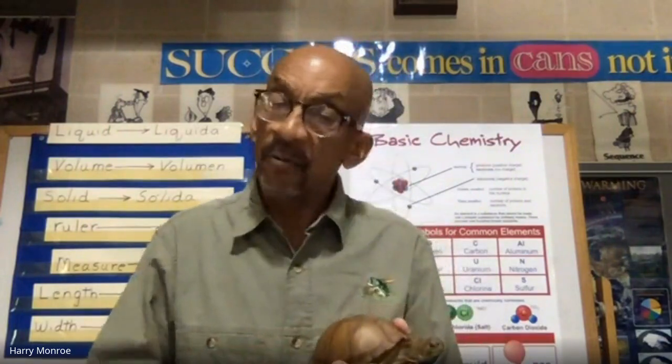On the other hand, solids have their own shape, like Teresa, like the toe bones of the Columbian mammoth, and the rock. I want to thank you for your time, and hopefully what I've done with you has been an instructional way to where you can determine whether a solution is a liquid or a solid.